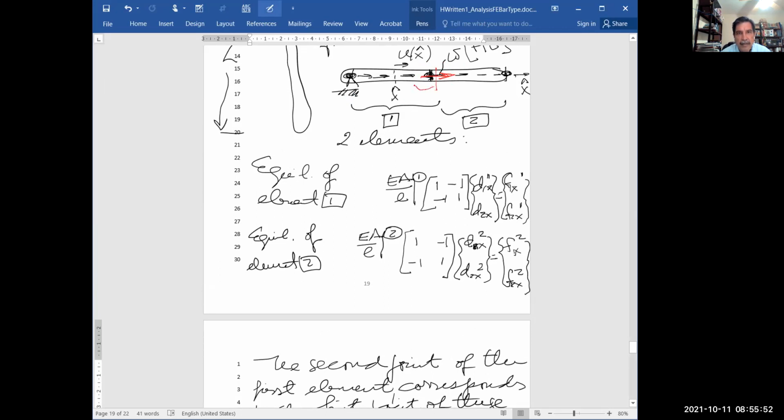So part of that will help element 1 to be in equilibrium, and the other part will help element 2 to be in equilibrium. So this is the total external force that we're going to apply in that joint. And this here is this part here. The other part is this one here. But we have to be certain that if we add these two, we recover the external force that we applied in that joint. Let's try to summarize that.